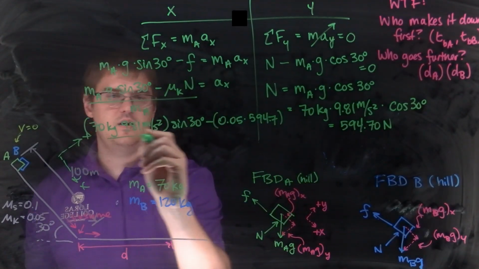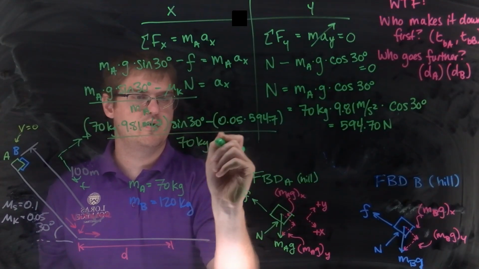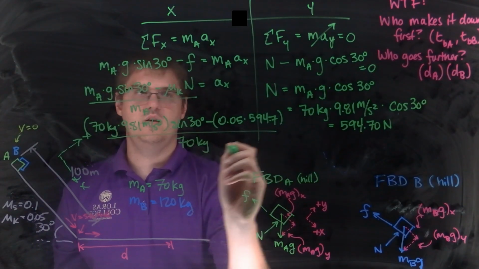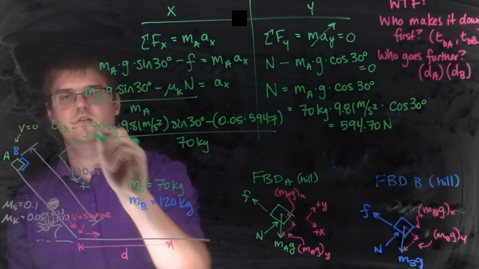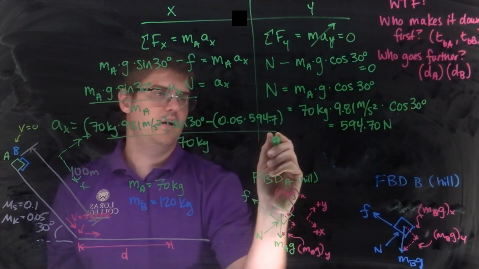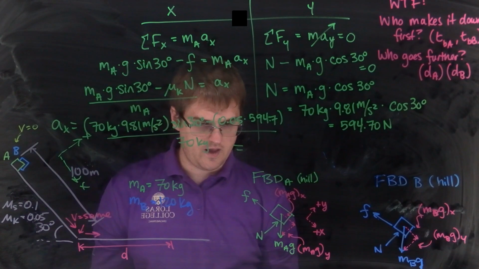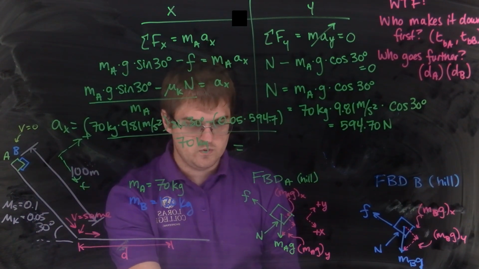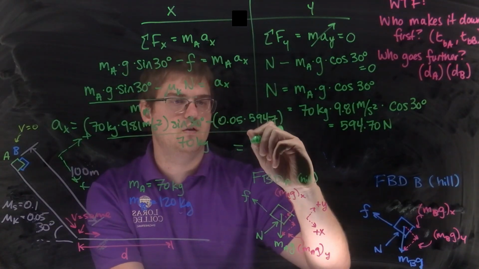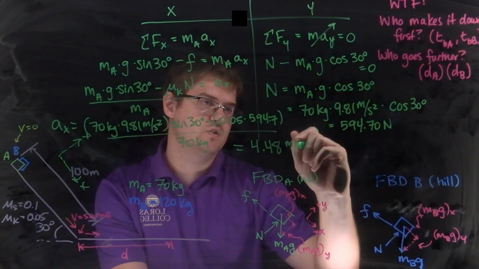All of that divided by 70 kilograms is equal to the acceleration in the x. I get a value of 4.48 meters per second squared.